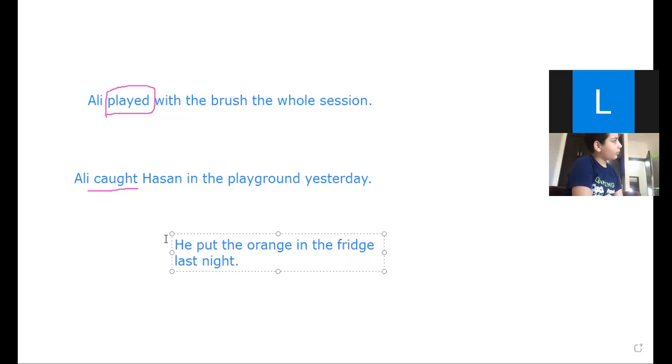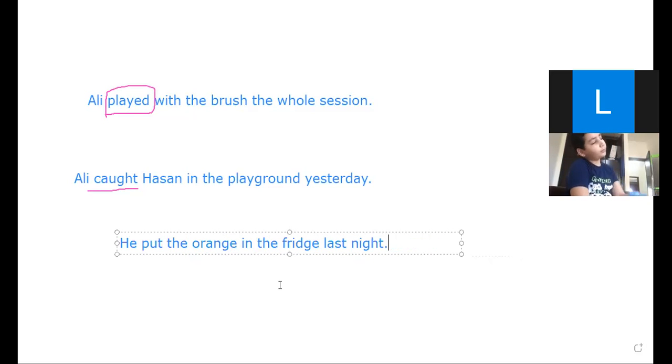Okay, so you see put here, I say last night, so it's in the past, and I said put, not putted. Okay, so put stays the same, put, cut. So please guys, for the irregular verbs we have to go back to the list of irregular verbs that I gave to you before to memorize the irregular verbs again.